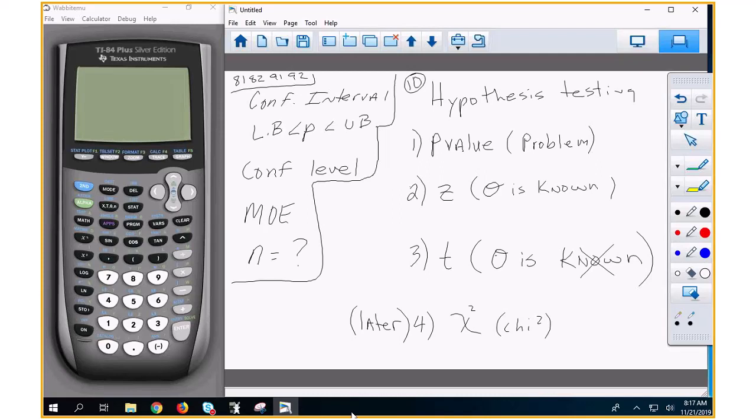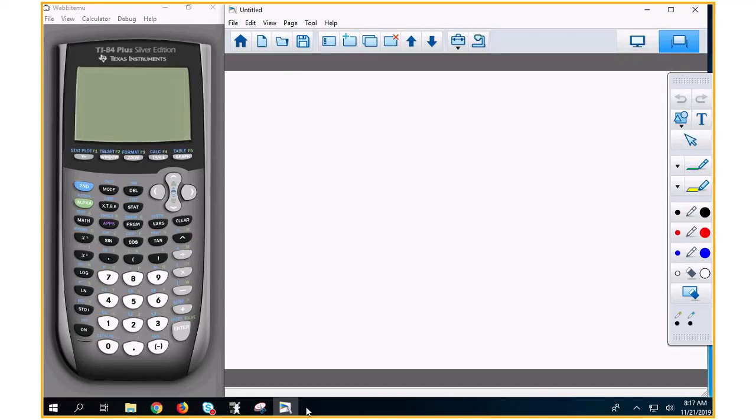Now, the formulas for chapter 10 are basically the Z formula, which is p hat minus p divided by the square root of pq over n. And that's used when you're given proportions.